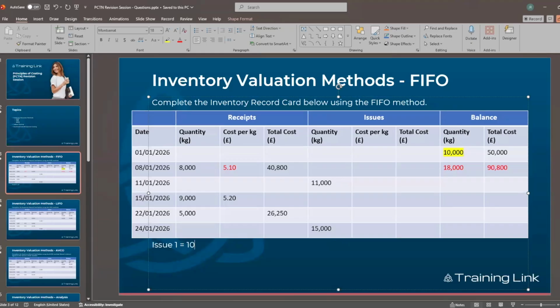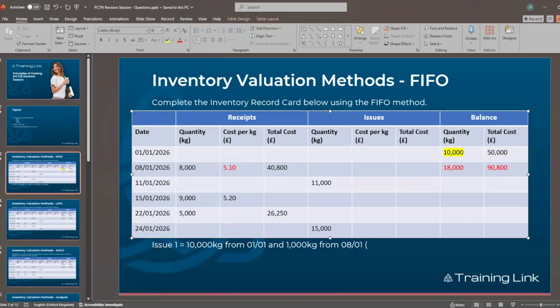So 10,000 kilograms from the 1st of Jan, and then 1,000 from the 8th. When we work out what that is as a cost, we take the full cost here of £50,000 for the 10,000.